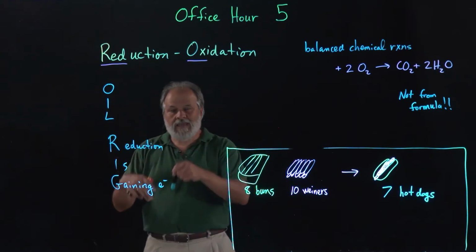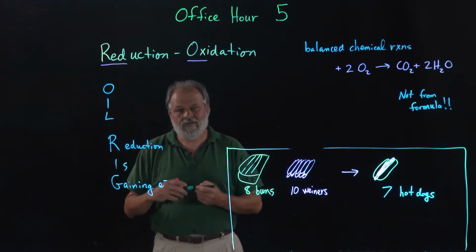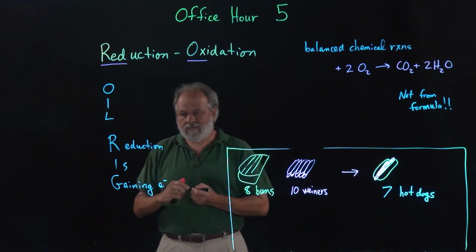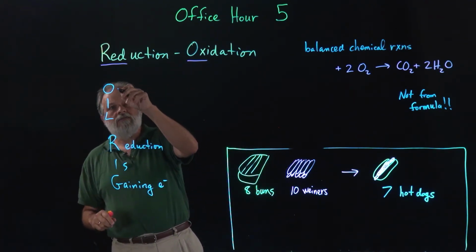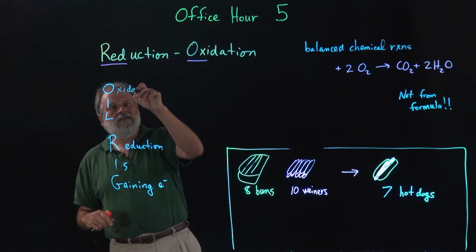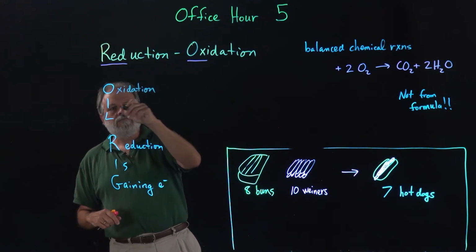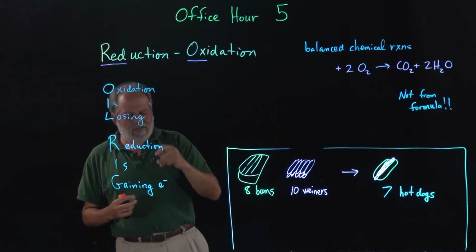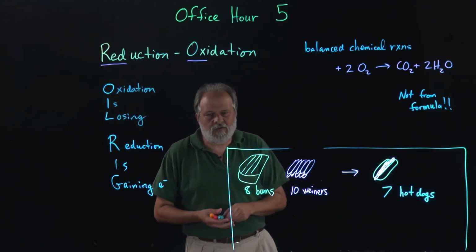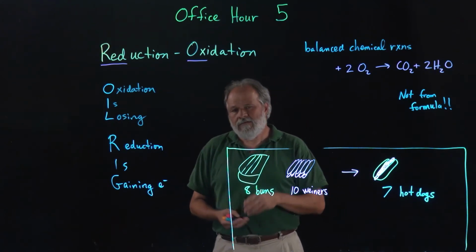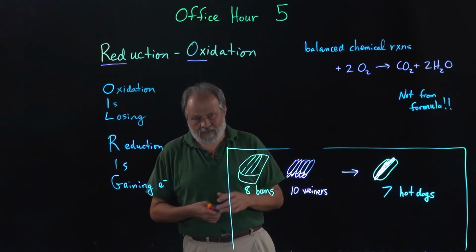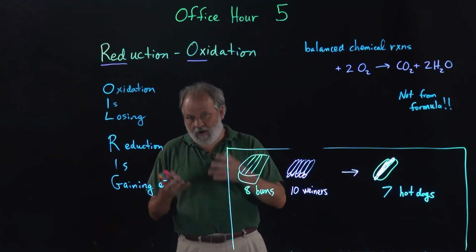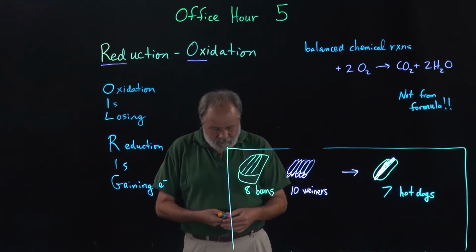If you gain electrons, that's called reduction. If you go from the element to an anion, that element has been reduced. The other process is oxidation, and it's losing electrons. All the elements which form cations get oxidized, and they lose some electrons. That's really all there is to reduction and oxidation.